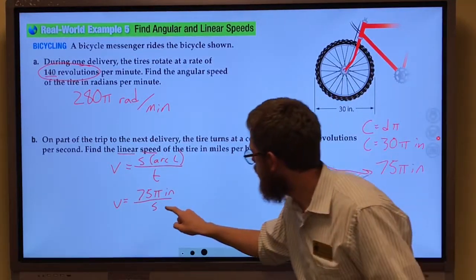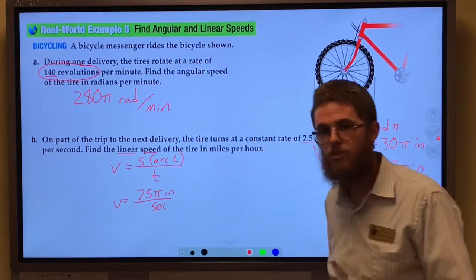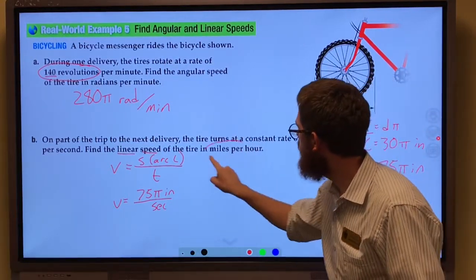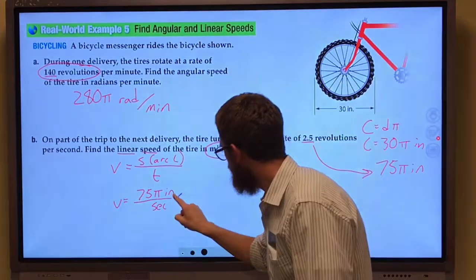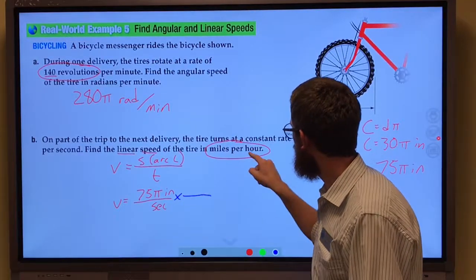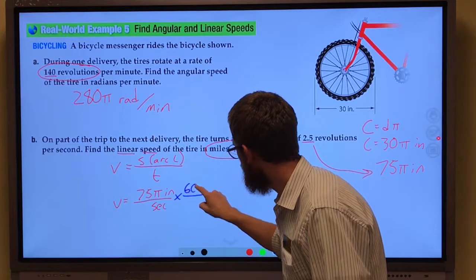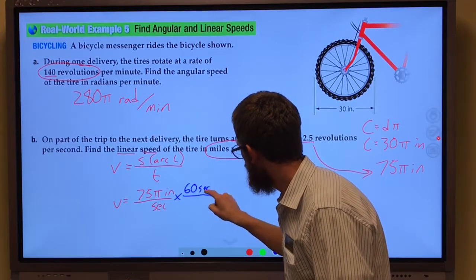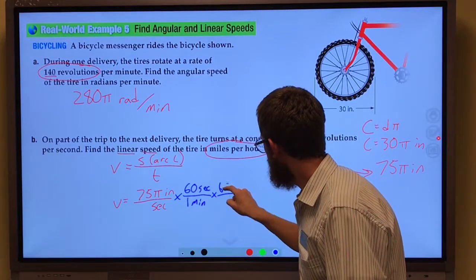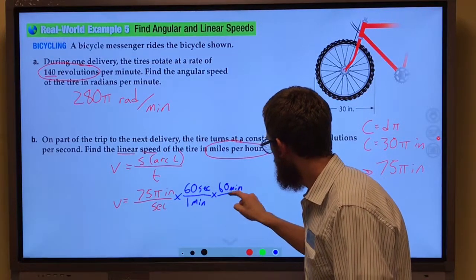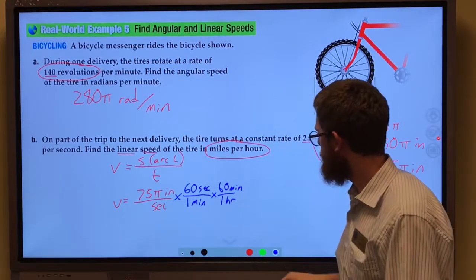So we're currently in inches per second, but we want to be in miles per hour. So we're going to do some unit multipliers here to change seconds to hours. I know there's 60 seconds for every 1 minute, 60 minutes for every 1 hour.